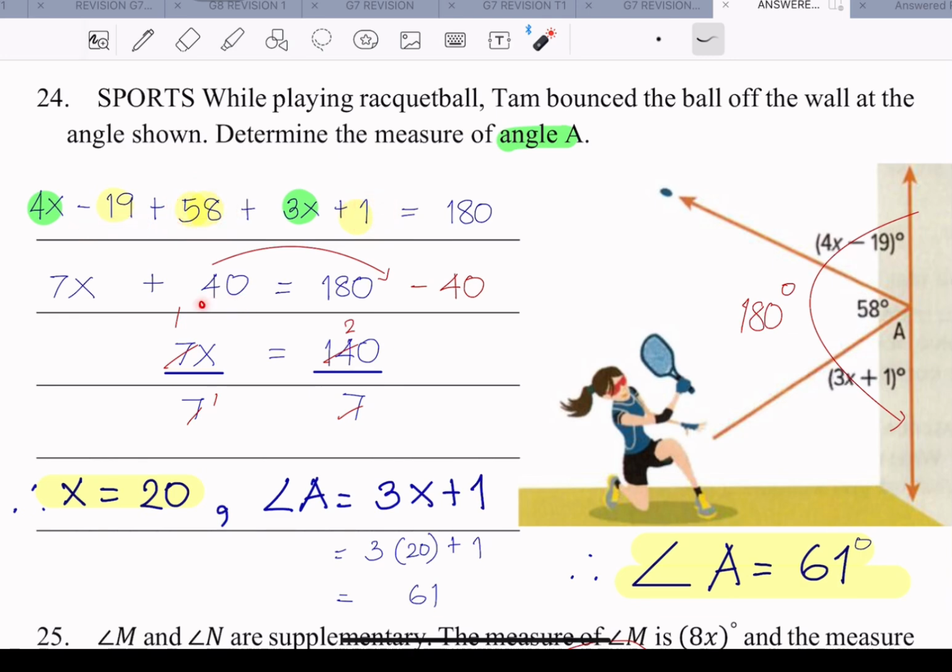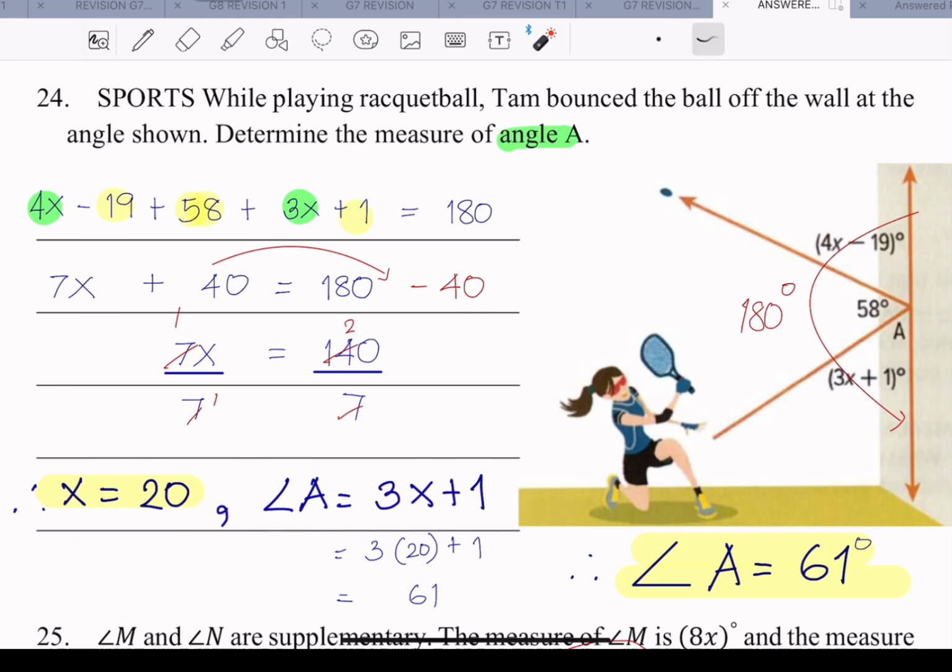So we have left over 40 is equal to 180. Now remove the constant and move to the other side. So that changes the sign. Negative 40 is subtracted from 180, and that gives us 140.